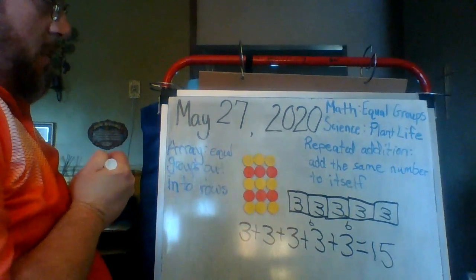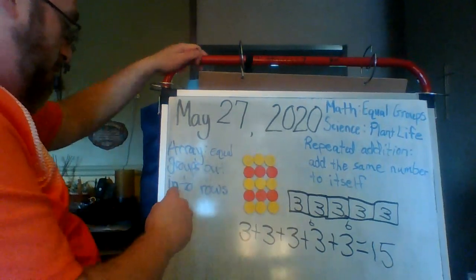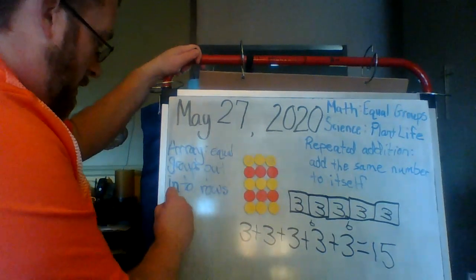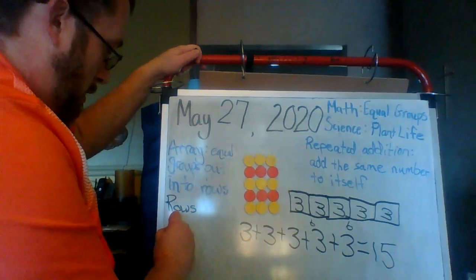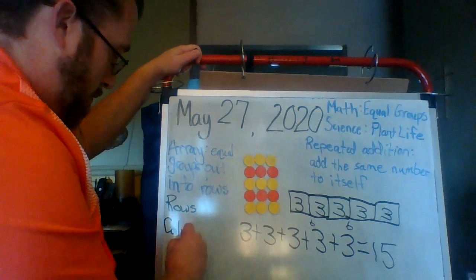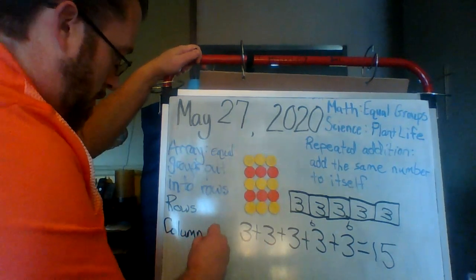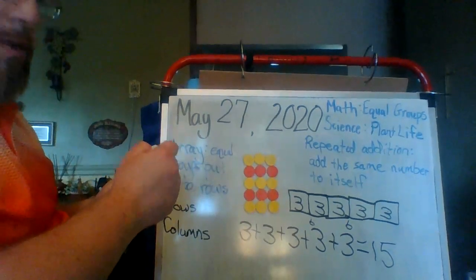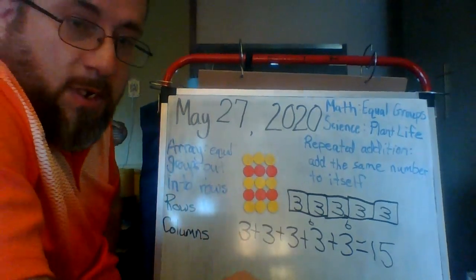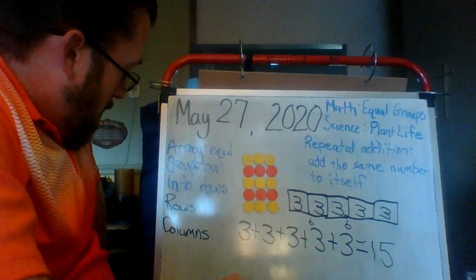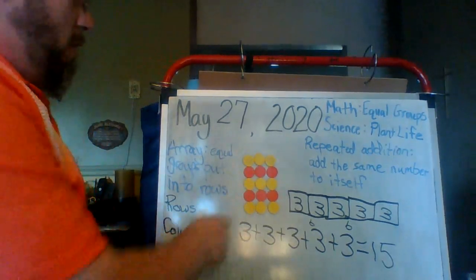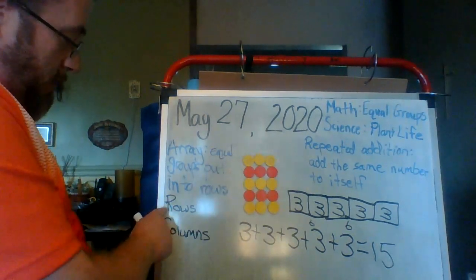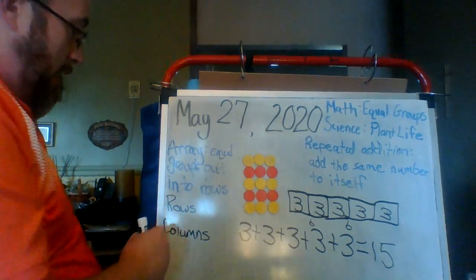Now I'm going to use this same array, and I want to make sure you guys understand what rows and columns are. Because in one of your math sheets this week, they're going to have you build an array or draw a picture of an array using the terms rows and columns.